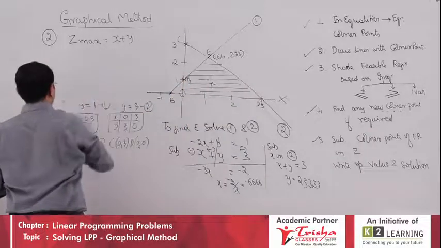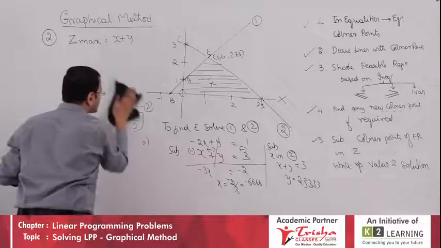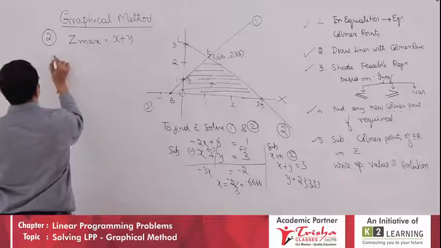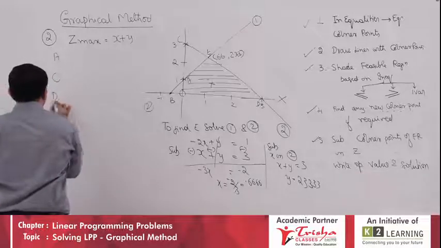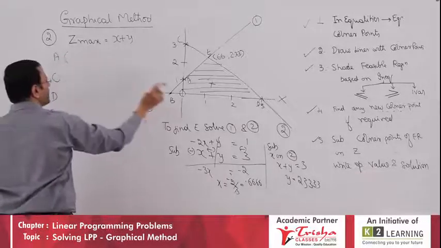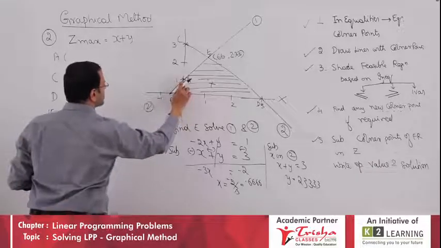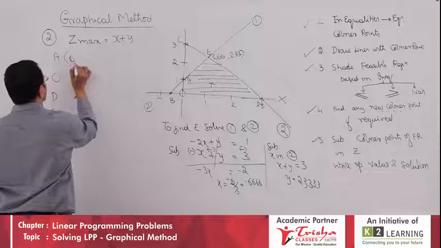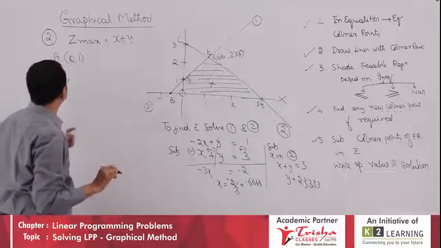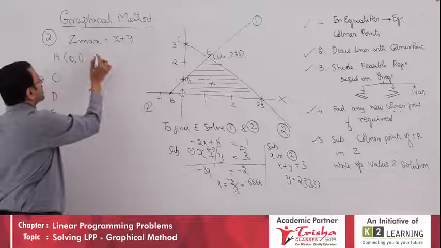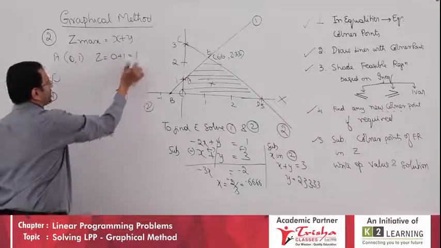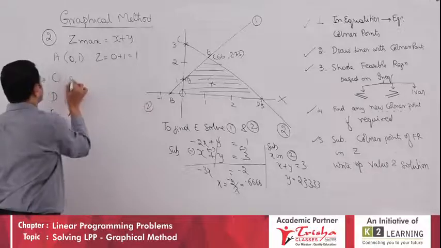Shall we substitute one by one? First one, what is the point A? A is 0, 1. Substituting A as 0, 1, Z equals 0 plus 1, which is 1. Next O is 0, 0.